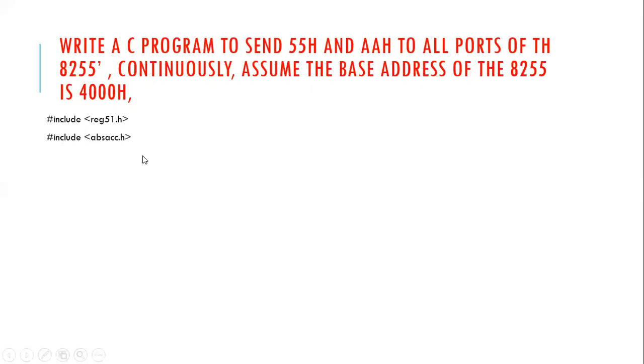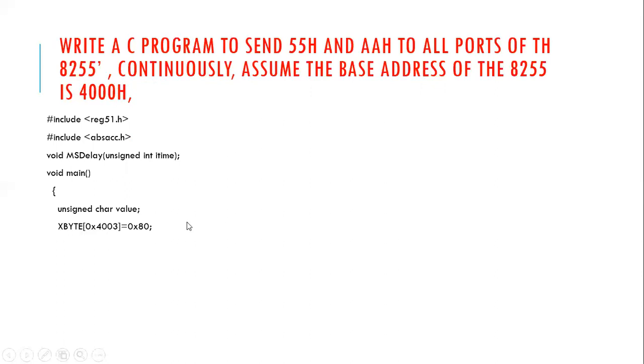So this is another header file. Next, let us say there is a delay between 55H and AAH. So we have a delay here, msdelay, and it is going to take an argument of integer type. Then the main program starts here. The main program will use one variable, an unsigned character value.